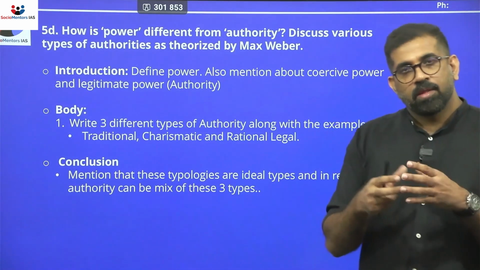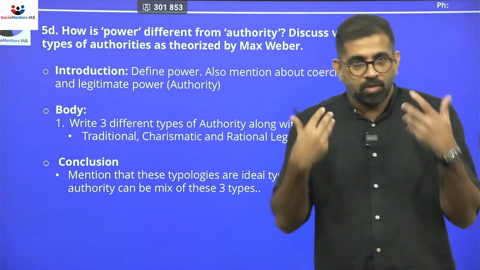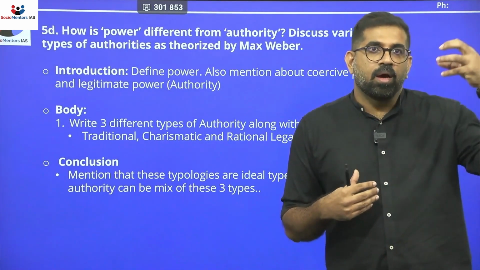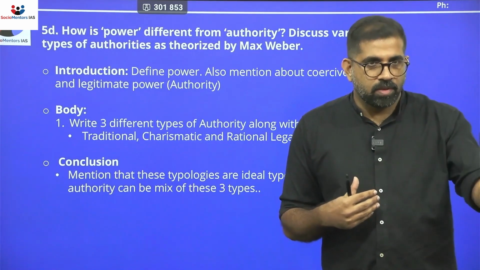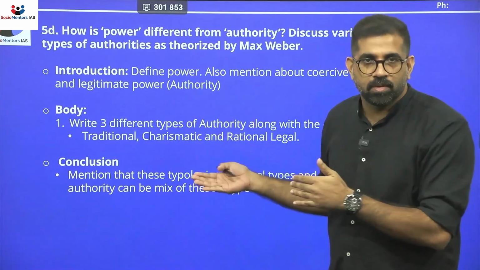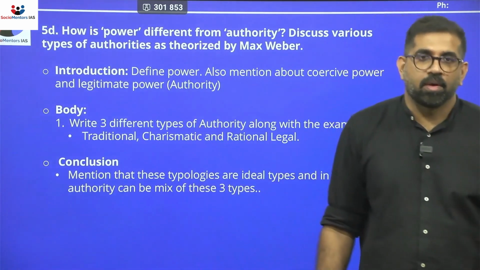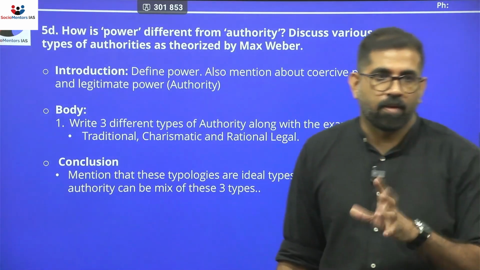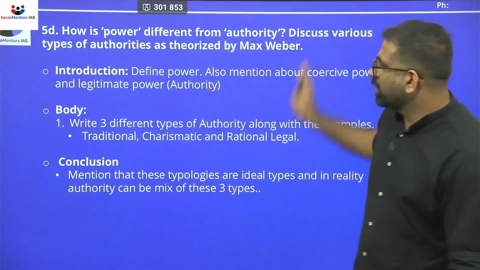If the people subjected to power accept it, then that is the legitimate use of power, which is referred to as authority. So authority is nothing but legitimate use of power. Clear?